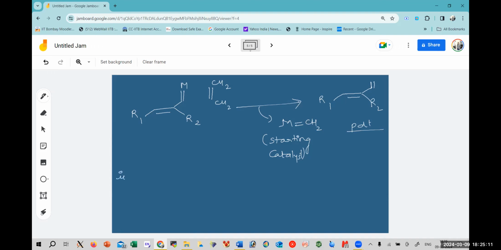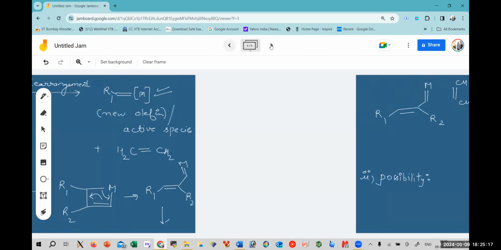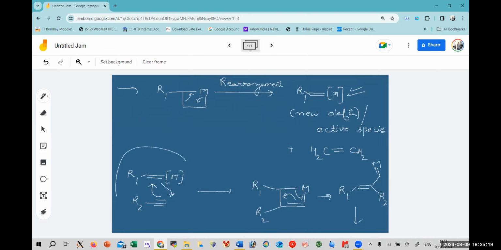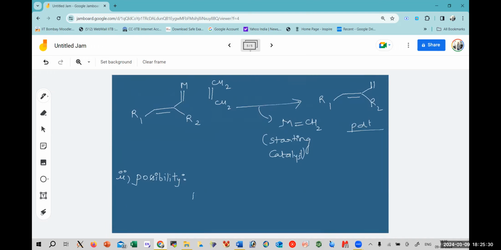On the other hand, the second possibility, we did this was our first possibility. So now the same thing, R1, M, and this side it is alkyne and your R2 here.